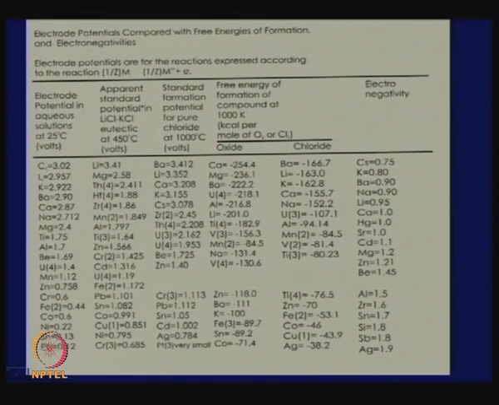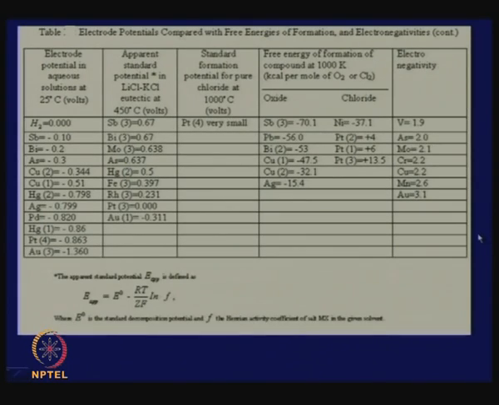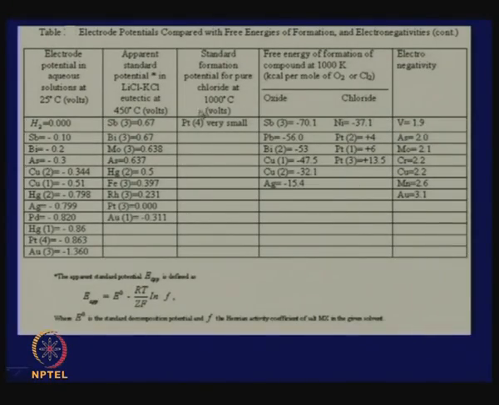But what you should understand from a series like this is that there is a very clear-cut way of understanding which metals are more active as compared to other metals in terms of values of electrode potentials in aqueous solutions as compared to the hydrogen electrode, or electrode potentials in halide melts in terms of the corresponding halogen electrode, and also in terms of the free energies of formation of various compounds.